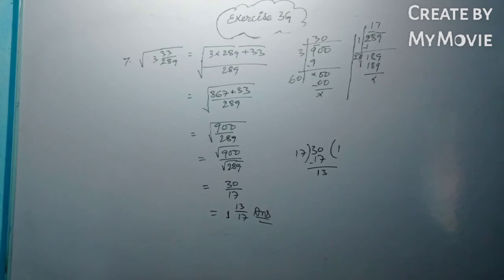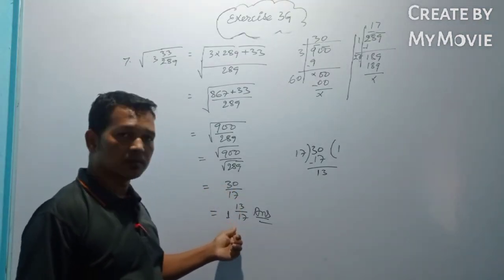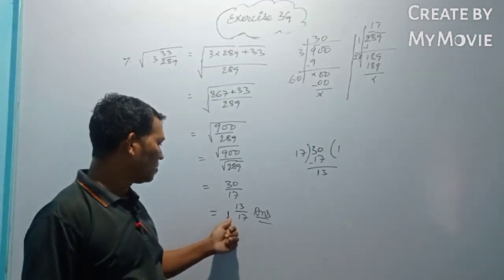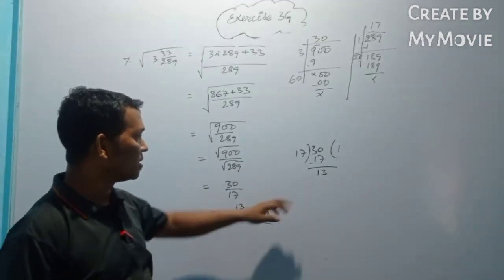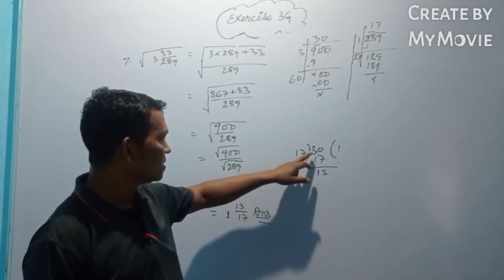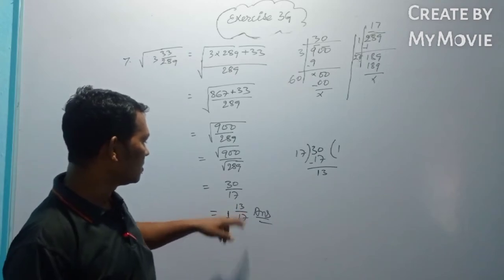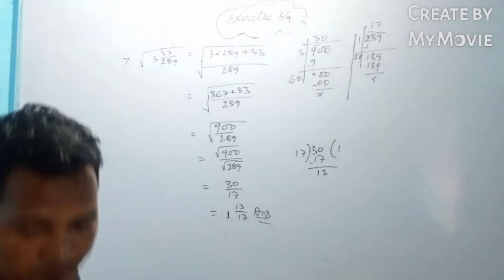So 30 upon 17 in the form of a mixed fraction is 1 whole 13 by 17.